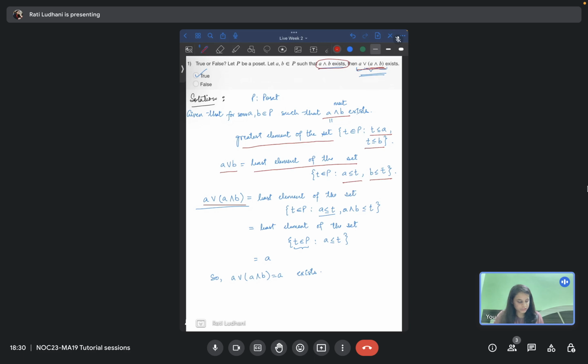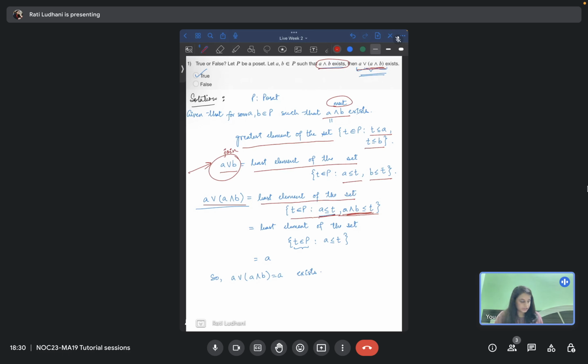From the definition, it is the least element of the set of all t in P such that a is less than or equal to t, and a meet b is less than or equal to t. So this is meet and this is join.